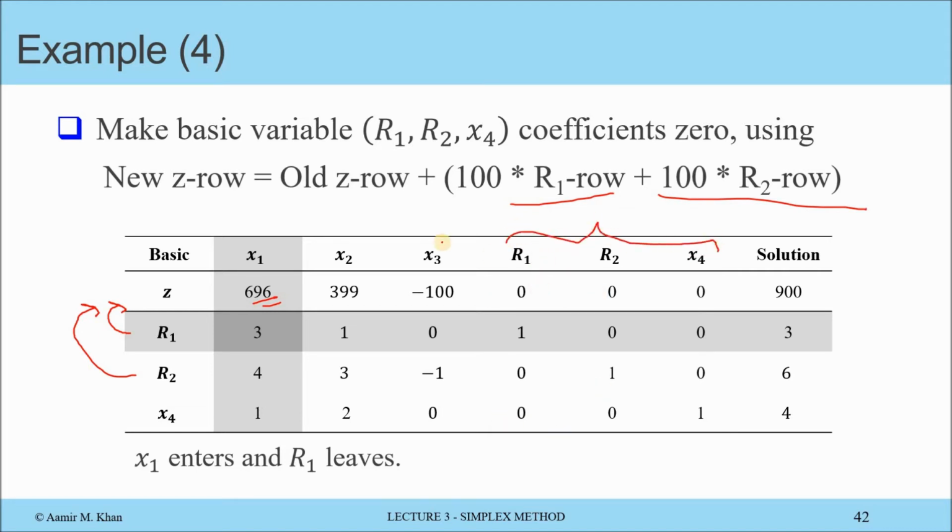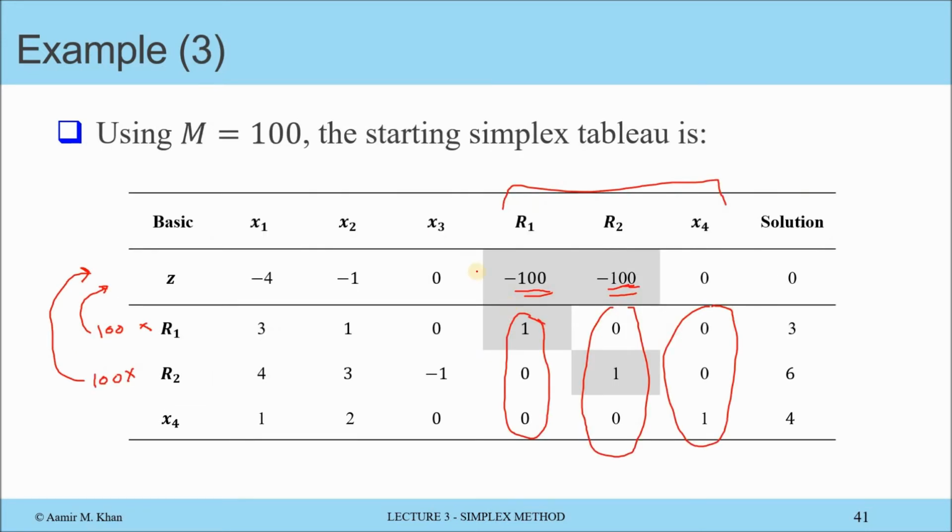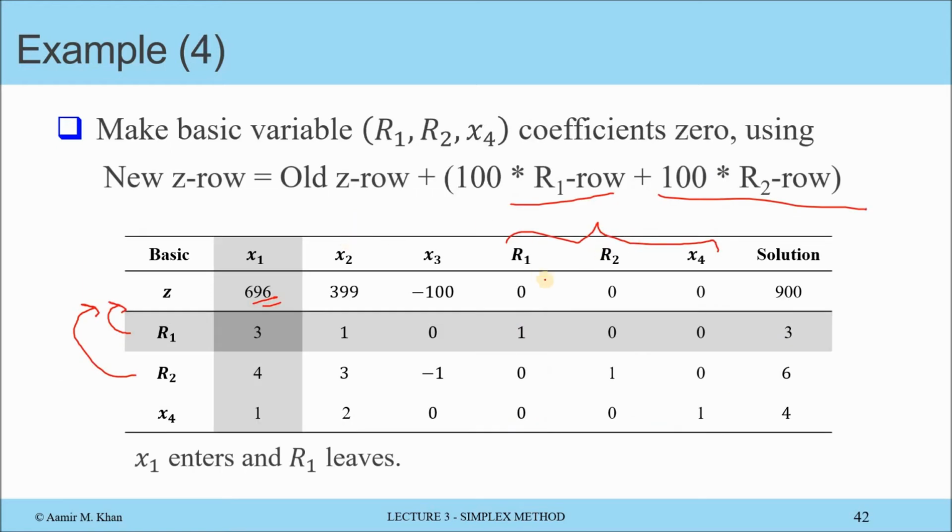When they are in the correct shape, now you can proceed to find the entering variable. In the previous case, you can't apply the rule of finding the entering variable, because the basic variables are not in the proper form. But when they are in the correct form, now you can find the entering variable.